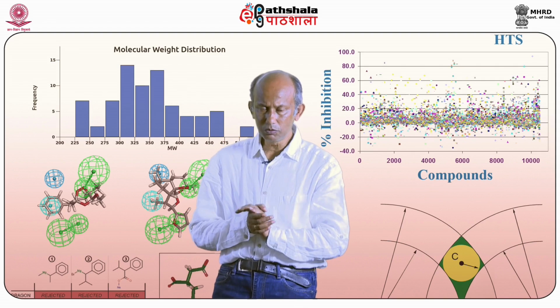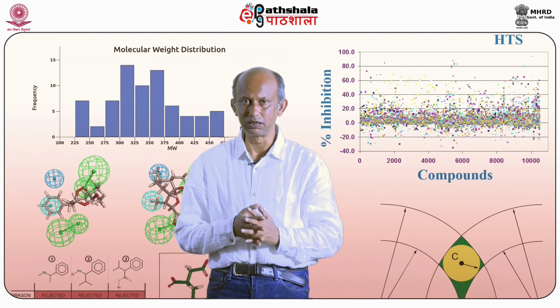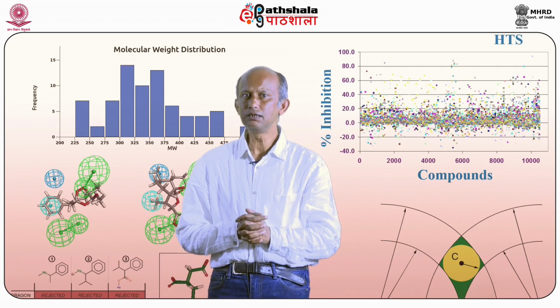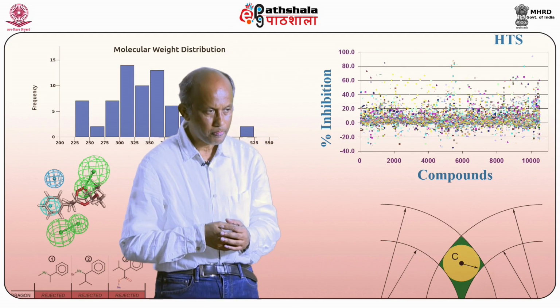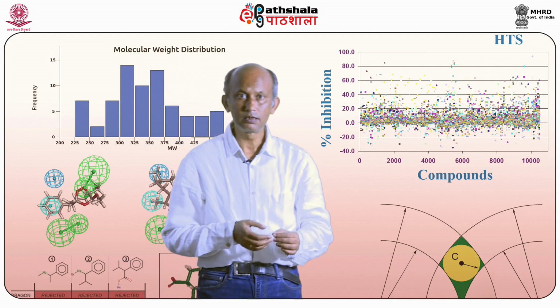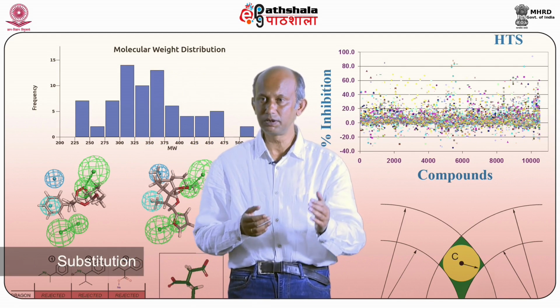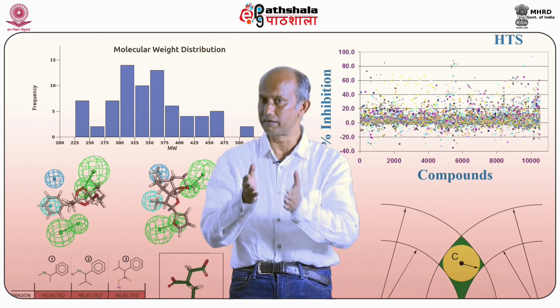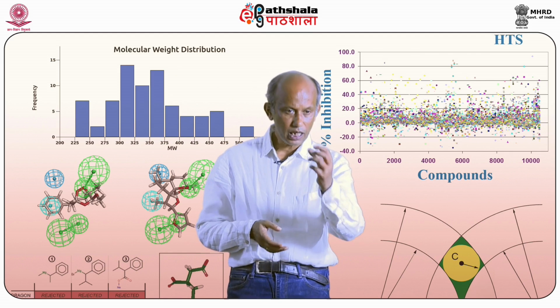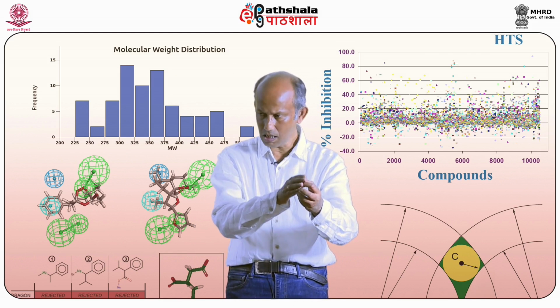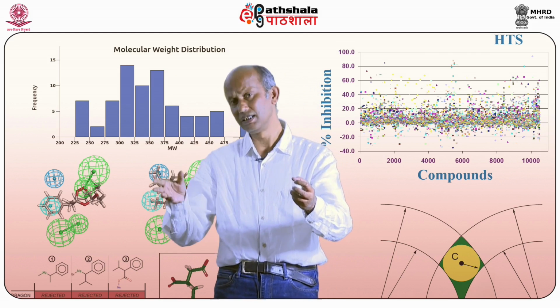Now, before going into the details of sequence alignment procedures, again, some terminology needs to be clarified. The first thing is substitution. What does it mean? You have a sequence letter for DNA, it may be A, C, G or T. So if it is A in one sequence, that A is replaced by T in the other sequence.